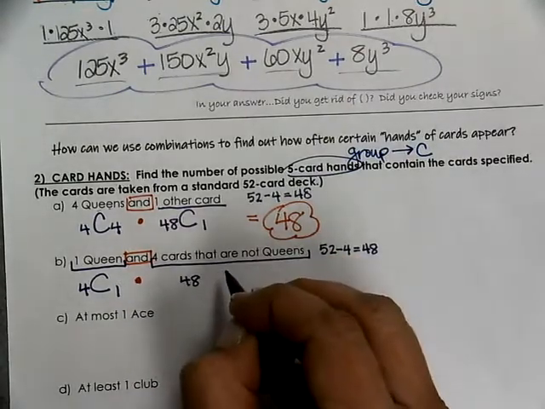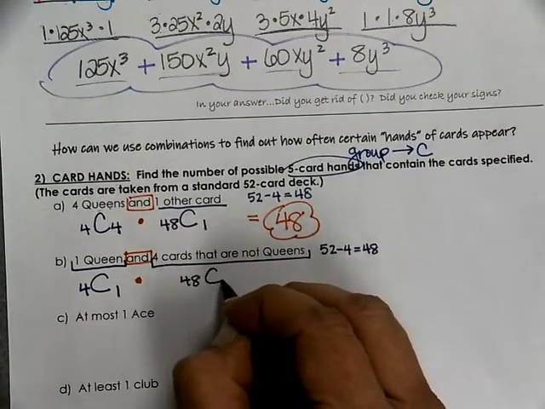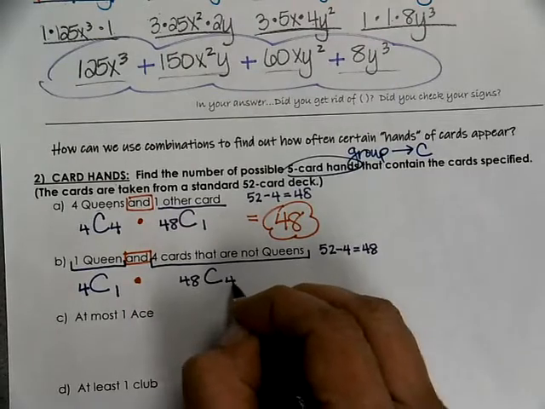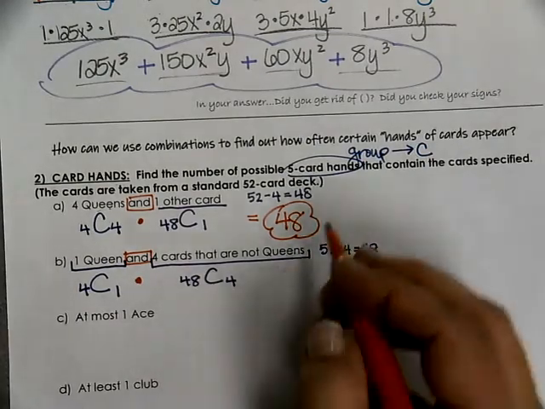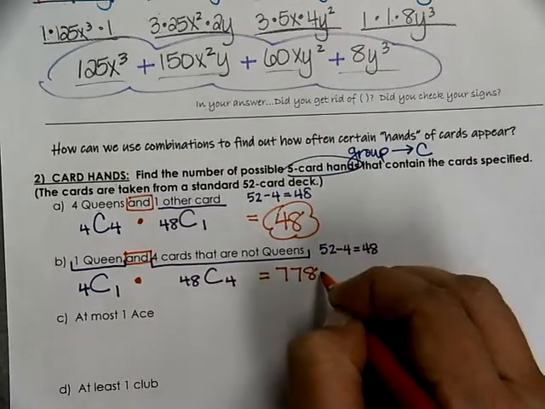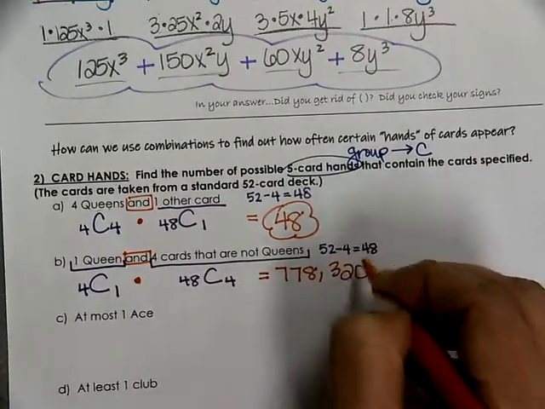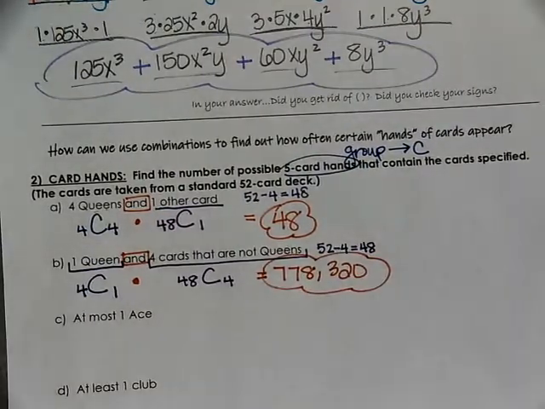And so we're going to then be picking 4 of those. So then we would take 4C1 times 48C4. And I'll tell you that gives us 778,320. Okay?